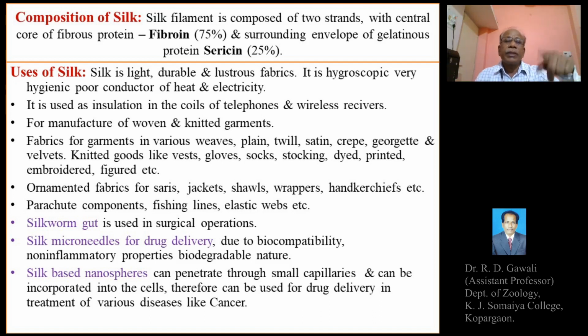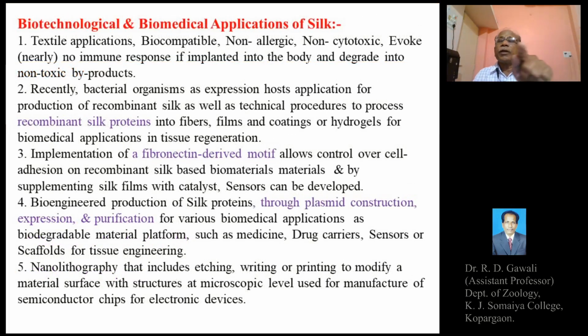Then these two applications are important, that is preparation of the silk microneedles or preparation of silk-based nanospheres. These are the biotechnological and biomedical applications of the silk, and how these are manufactured or produced, which we have explained in the next point, that is biotechnological and biomedical applications.